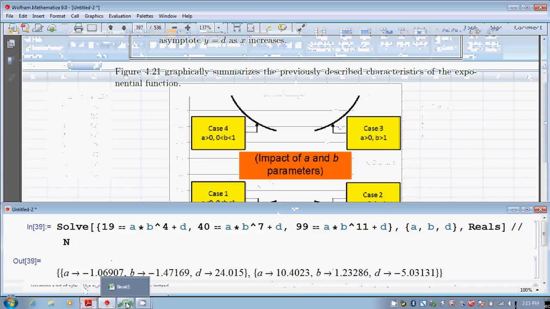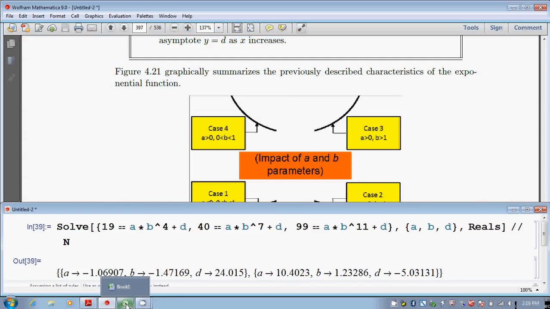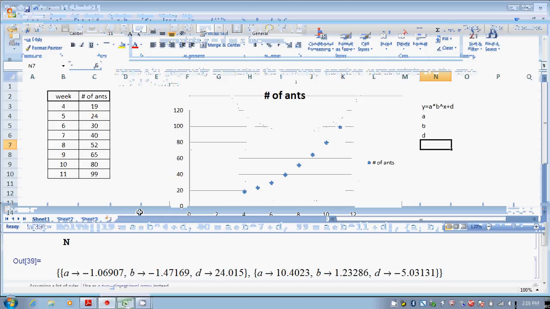And I'm going to plot this in Excel in order to determine how well this fits my graph by eyeball test. So here's my predicted number of ants, and this is just going to equal, so my A value is 10.4, my B value is 1.23, and my D value is -5.